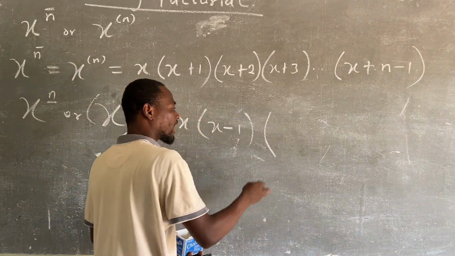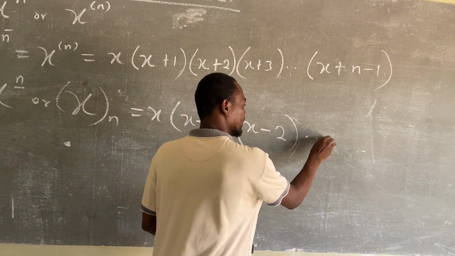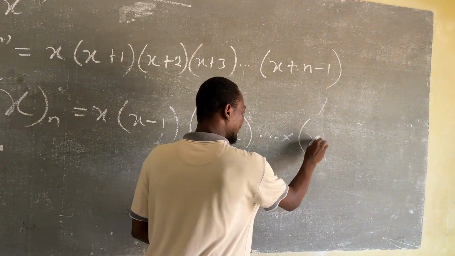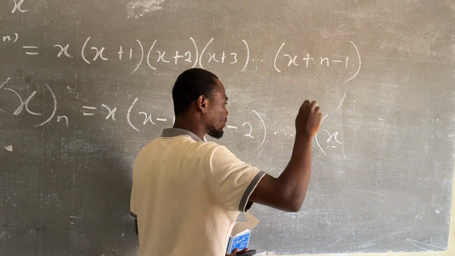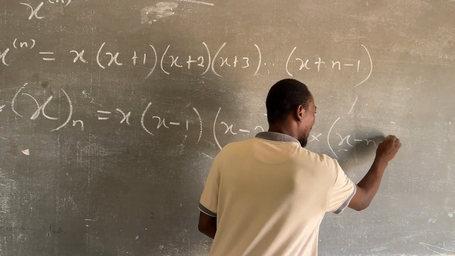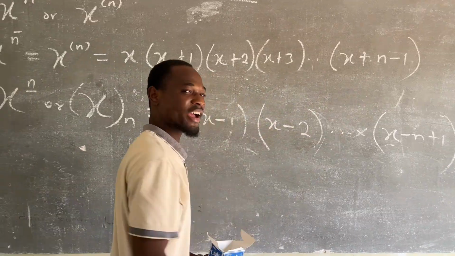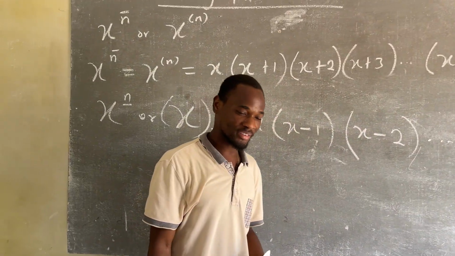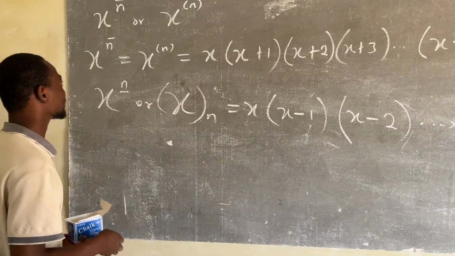So my next term becomes x minus 2. Then times x, look, minus a number. So let n represent those numbers. So x minus n, then plus 1. As simple as that. They are entirely different.